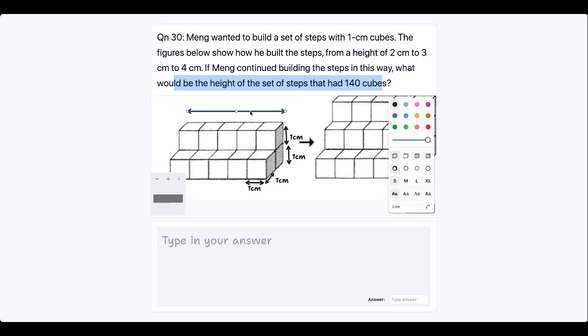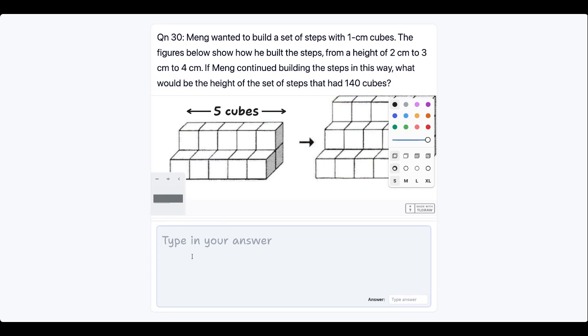At the top. So this is 5 cubes, right? So then we multiply by 3. So for 2 centimeters, we have around how many cubes? 5 times 3, which is 15.